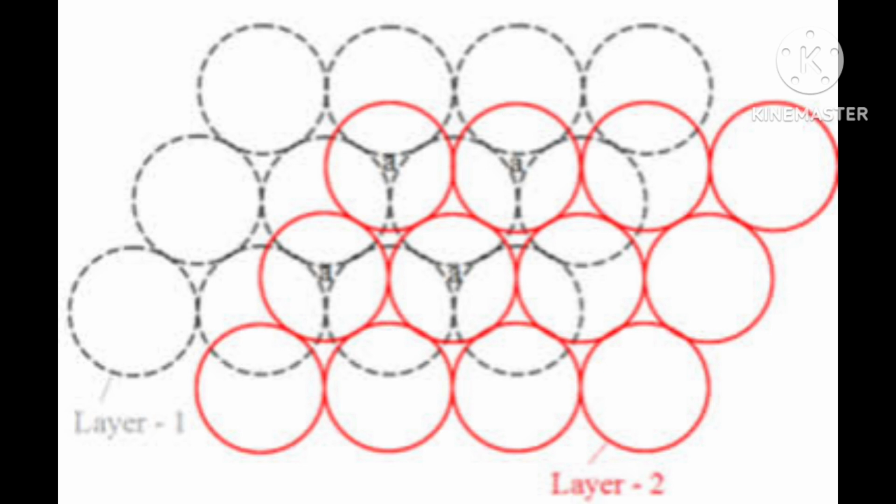Okay, in the same way, this I have told you about the three-dimensional arrangement. Here you will get 2 voids, one tetrahedral void and the other octahedral void.